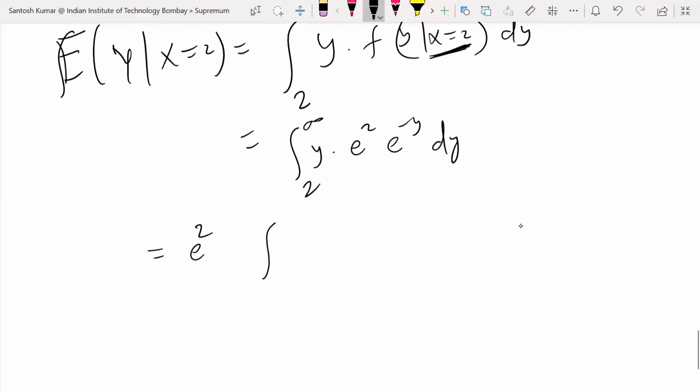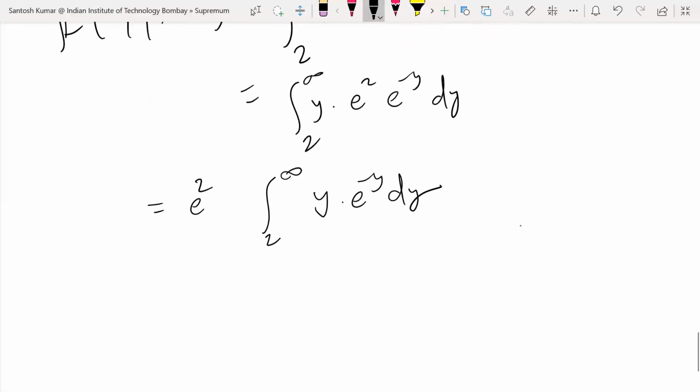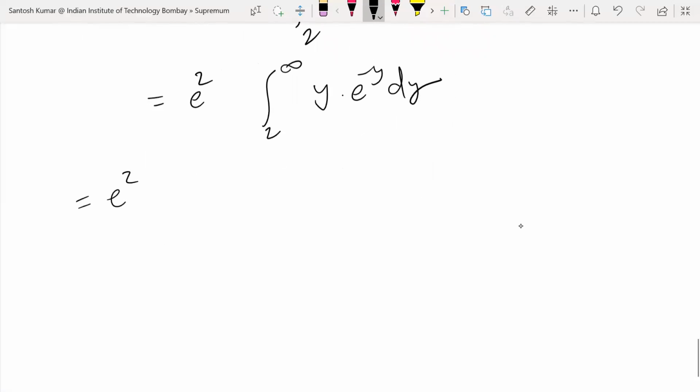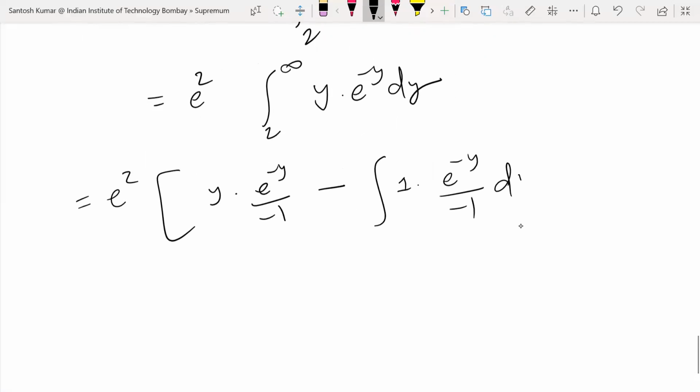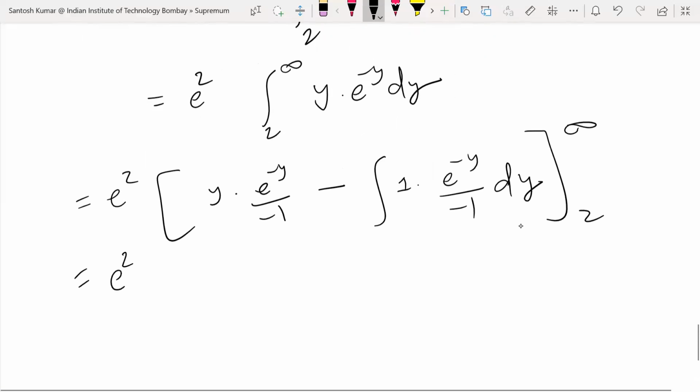Then we have to apply integration by parts. So we integrate, y as it is, e raised to the power minus y upon minus 1, minus the derivative of y, which is 1, times e to the power minus y upon minus 1 dy. The limit is 2 to infinity, we'll use it at last.